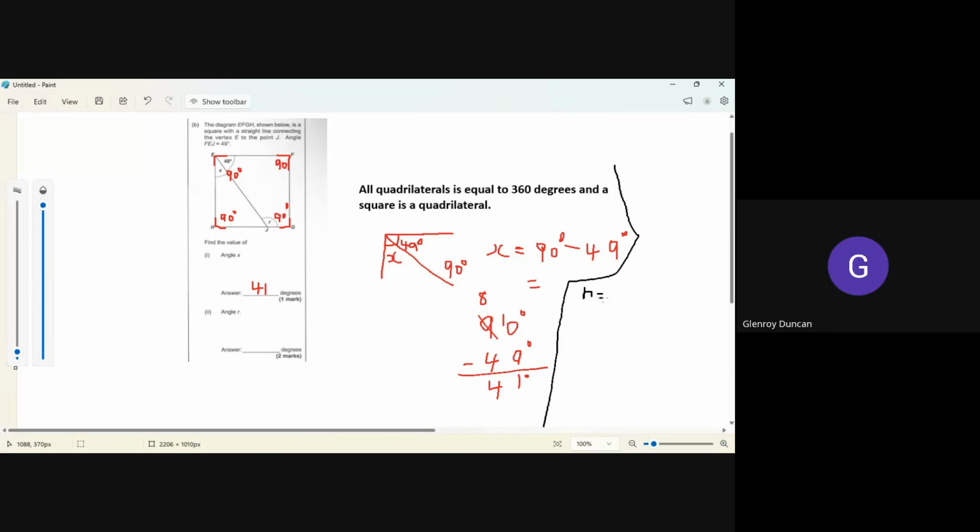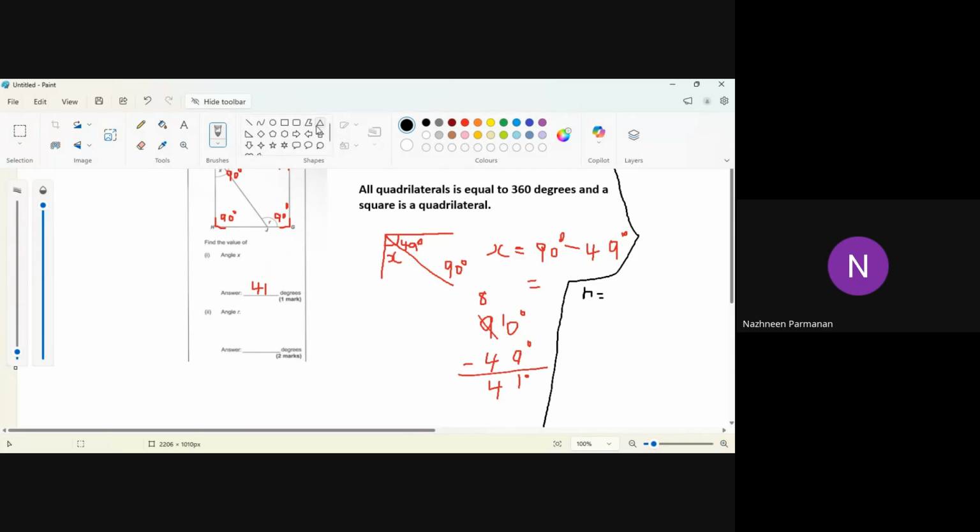Tell the class why we are adding 41 and 90. Sir, we add 41 and 90 to find the other part. When we add the 41 plus the 90, we will know how much more we have to subtract from the total to find the missing part on the other side of the triangle.